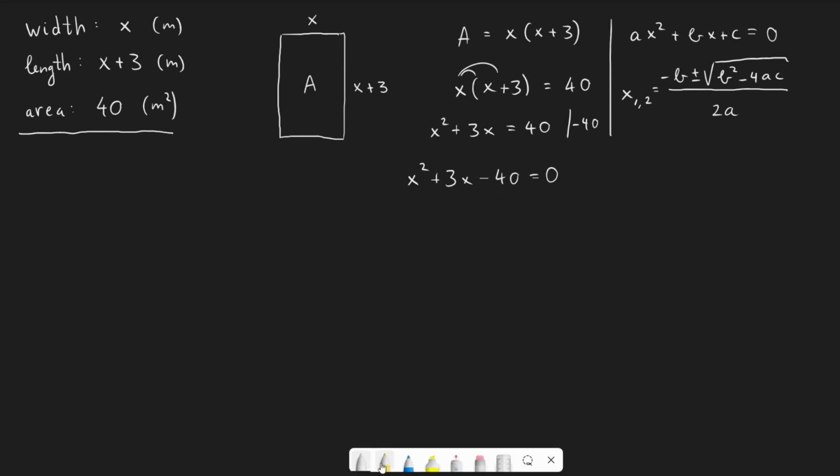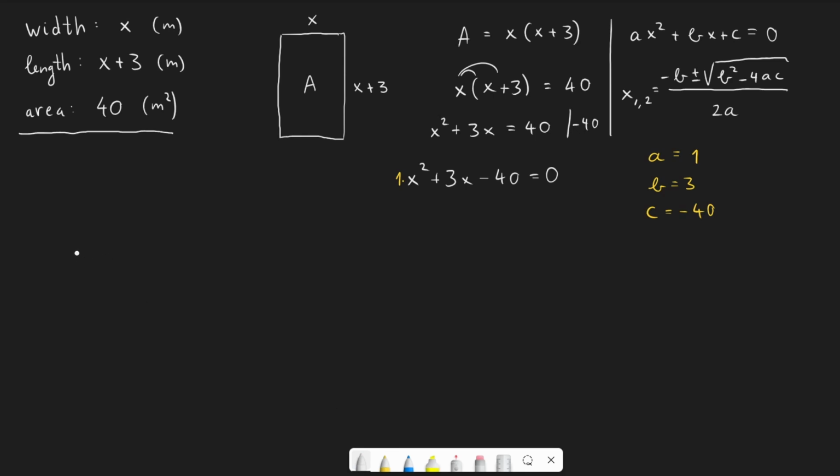So let's see what our parameters a, b, and c are. As you can see, here we have 1 times x, so a is 1. Our b is 3, and c equals minus 40. Watch out that here we have a plus sign, but there is a negative sign before 40, so our c is minus 40.